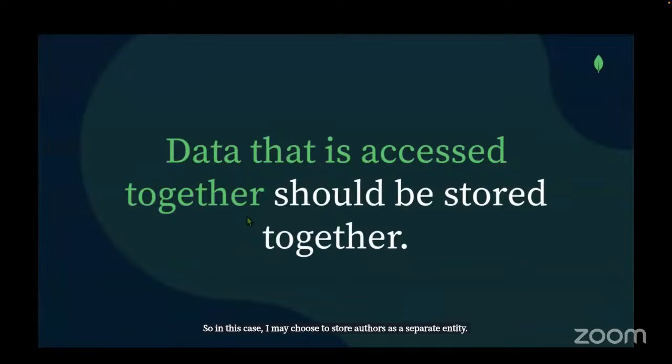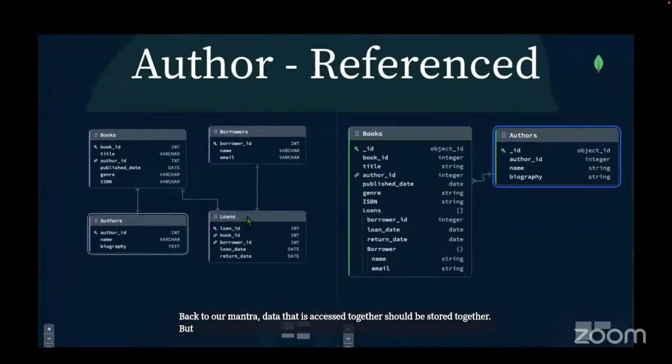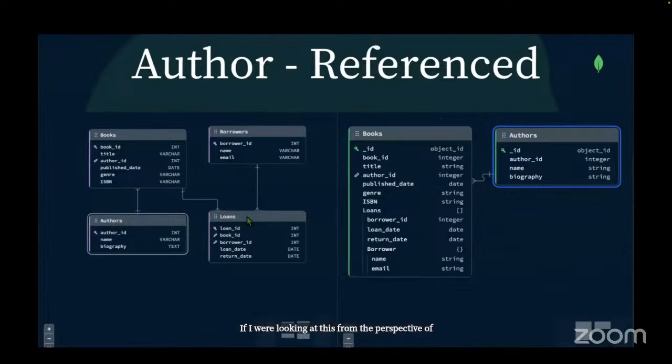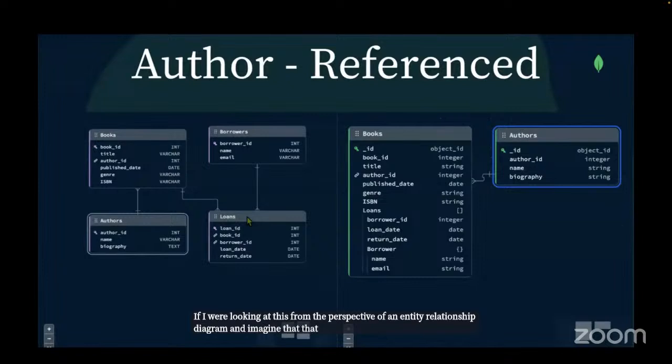Back to our mantra, data that is accessed together should be stored together, but on the flip side, data that is accessed separately should be stored separately. If I were looking at this from the perspective of an entity relationship diagram, and imagine that that little thin line in the center is separating the world of relational database management systems on the left from the world of document databases on the right.